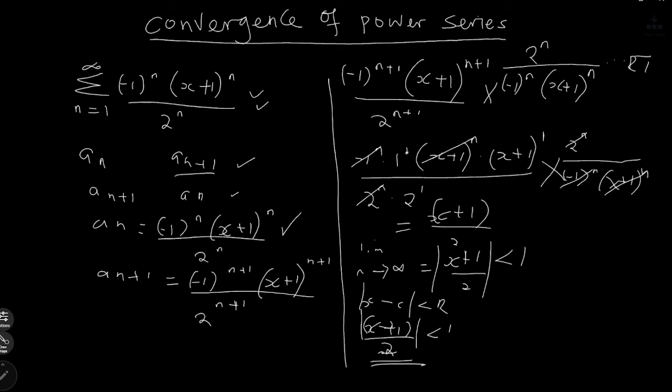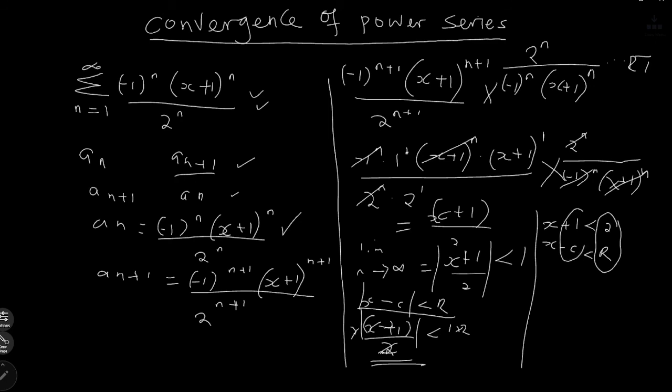We have to simplify this in the form of the absolute value of x minus c less than R. Here we multiply by 2 on this side and by 2 on that side, so that we remain with the absolute value of x plus 1 less than 2. So here we write x minus c less than R. Then this 2 is our R and the 1 gives our c.